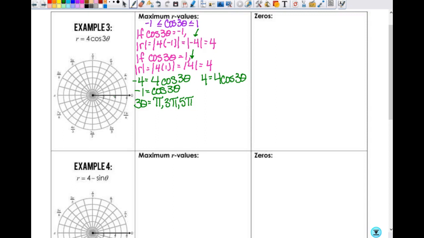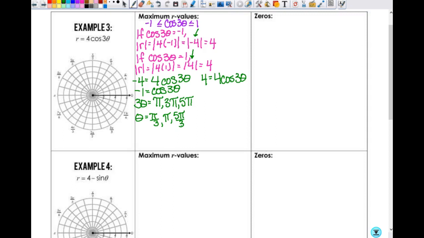We're used to stopping at 2 pi, but you're going to have to go farther, because now to get theta, I'm going to divide everything through by 3, and I get that theta is equal to pi thirds. What's 3 pi thirds? Pi. And then 5 pi thirds. So in the end, my theta does go from 0 to 2 pi. You with me on that?